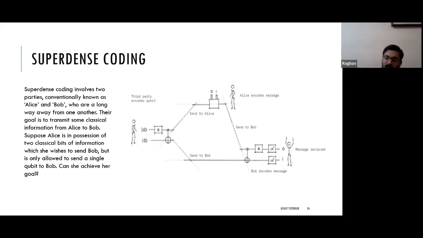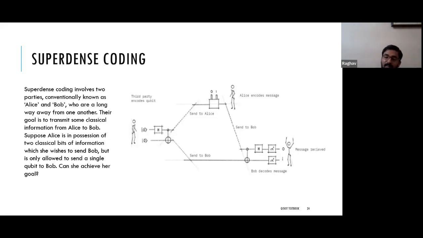Quantum mechanics has the no-cloning theorem, so you can't copy any quantum state. So if you transmit any message using quantum channels, then no one else can copy it. If they try to copy it, then you will get to know that our message was copied.